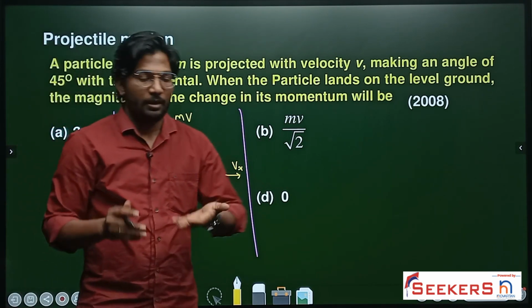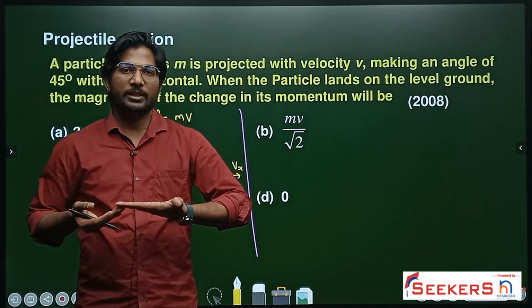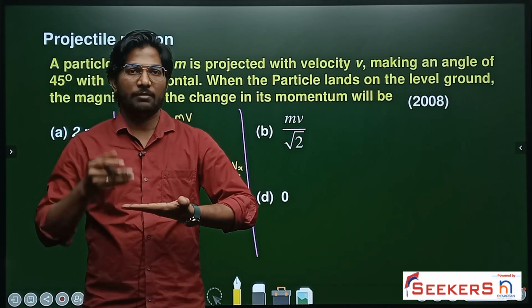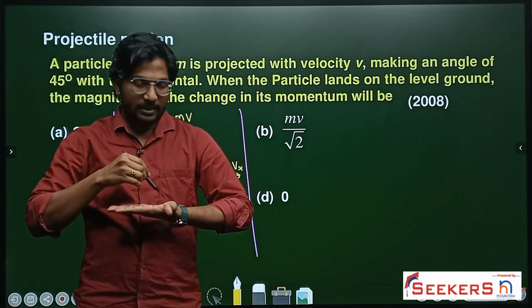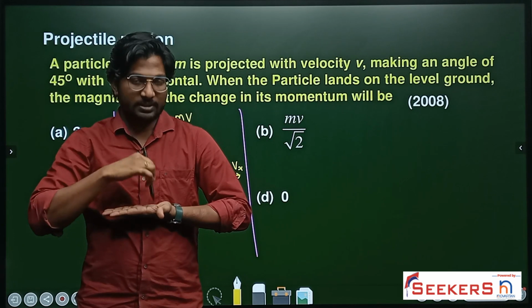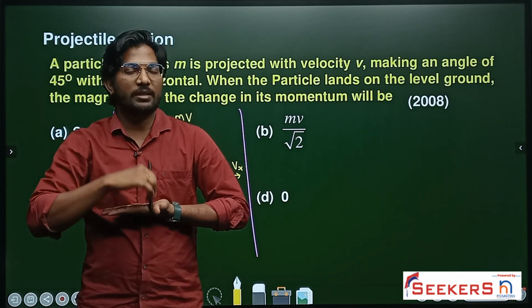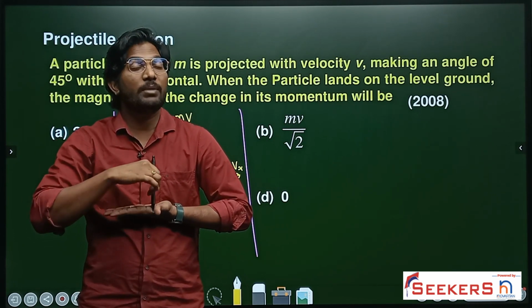In other words, from the same level, if you project an object upwards vertically with 10 meter per second, it will go up and it will come back such that when it reaches the same level, it will also come back with 10 meter per second velocity, but it will be downwards.